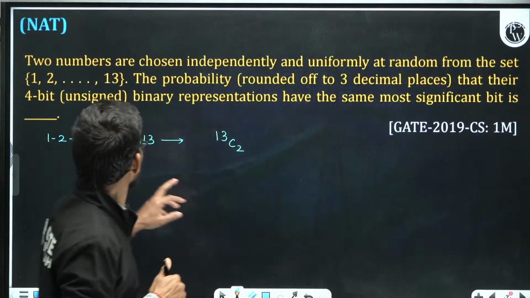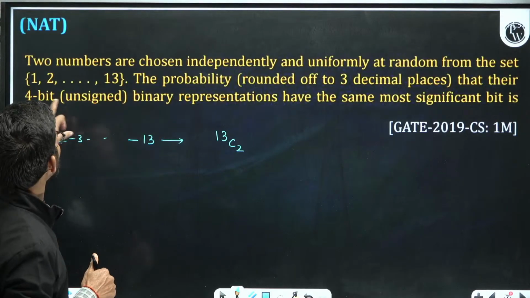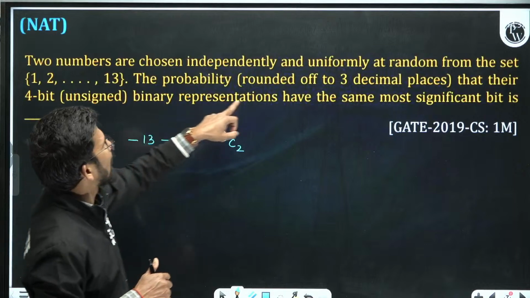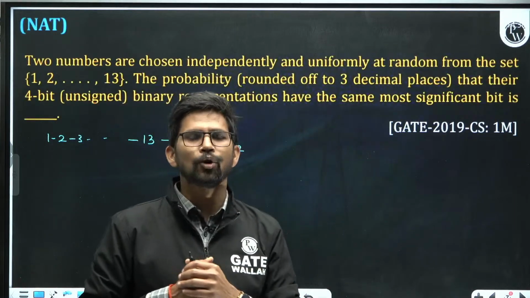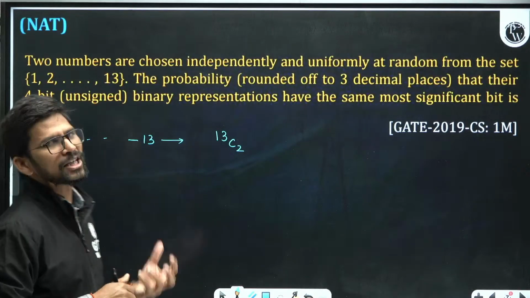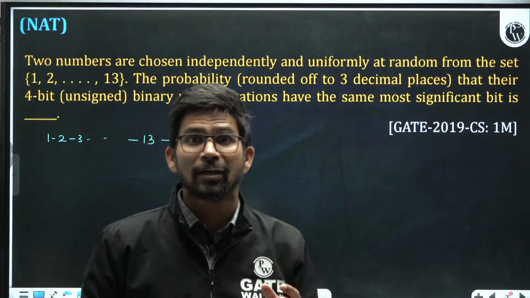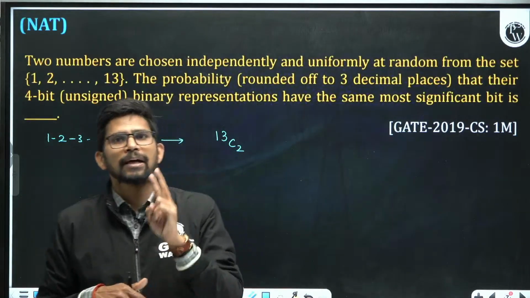Now, they ask for the probability that their 4-bit unsigned binary representations have the same most significant bit.